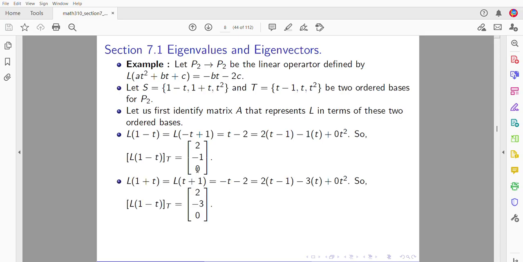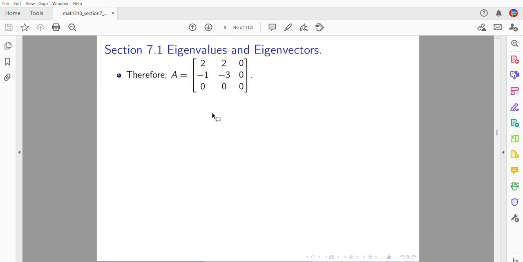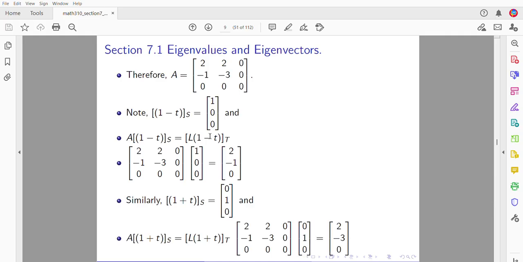Likewise L of 1 plus t, I get a coordinate vector. Likewise L of t squared, I get a coordinate vector. Take these three coordinate vectors, that's your A. Okay. You multiply by A, you get the left. So we may check this. There is nothing here to check that we haven't seen before.